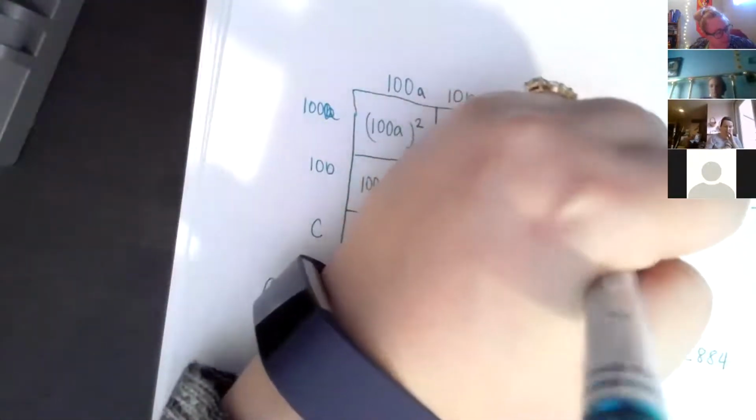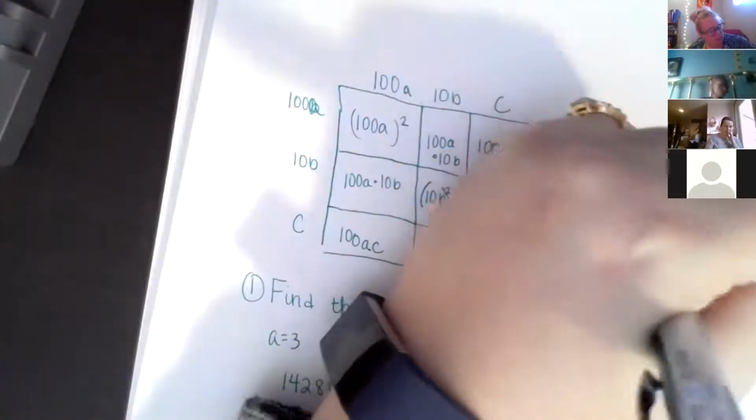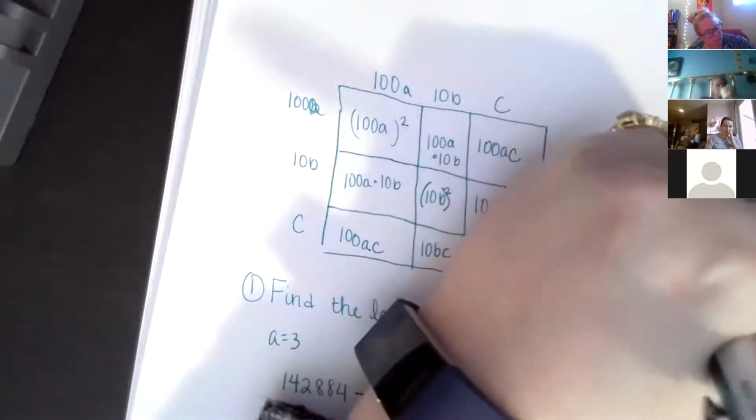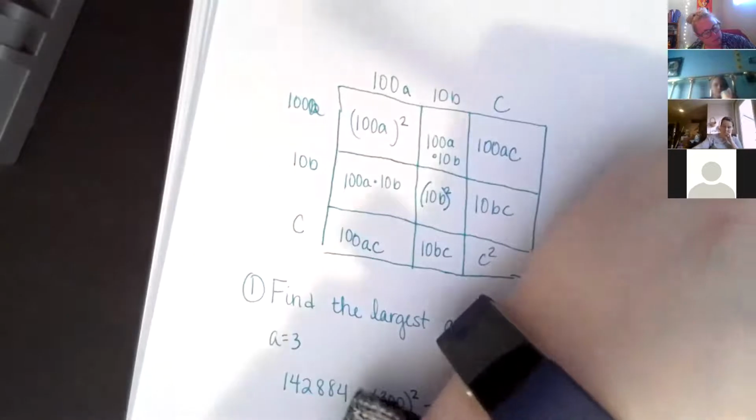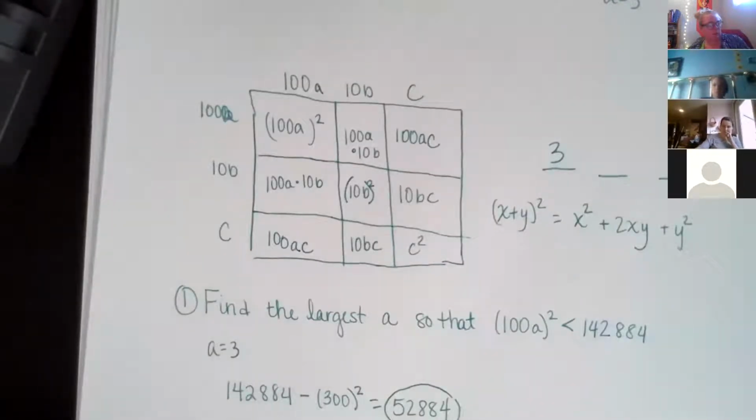So if we say x plus y squared, that's x squared plus 2xy plus y squared, right? Mm-hmm.